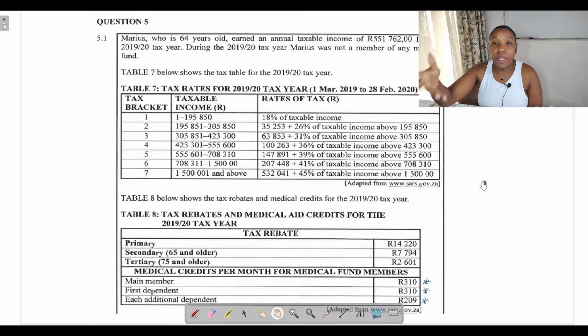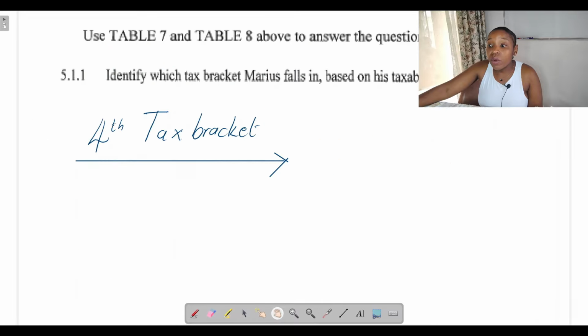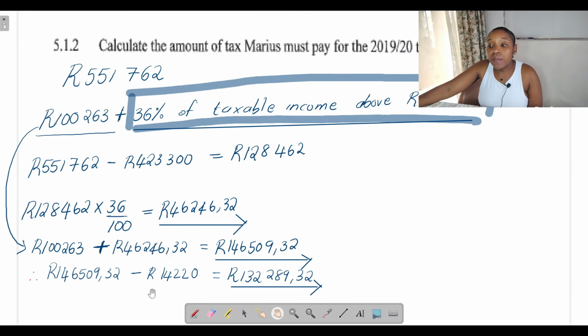So you would have seen it in your textbooks, in activities that you do in class, and so on and so forth. So it's very important that you pay attention in class, very important that you study so that you get familiarized with the terminology that they use, because if you don't know what rebates means, then you are probably not going to remember that, okay, I actually need to subtract that 14,220 there. Okay, so that's just the takeaway from this question.